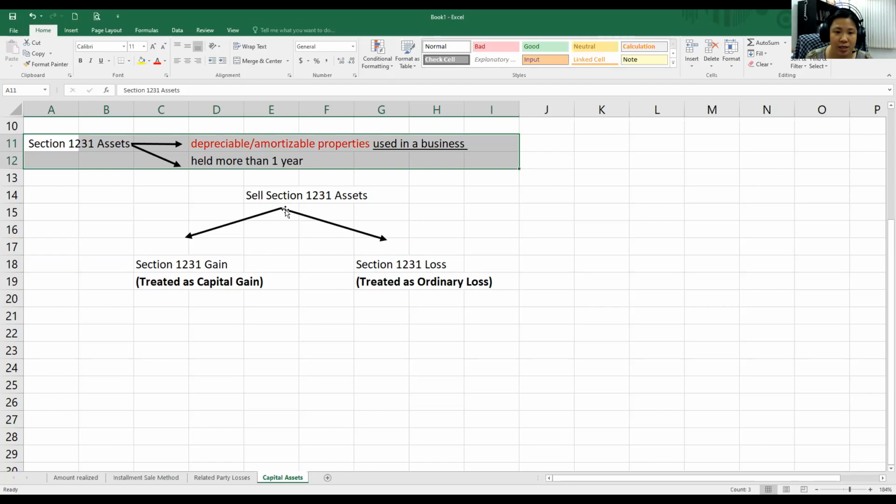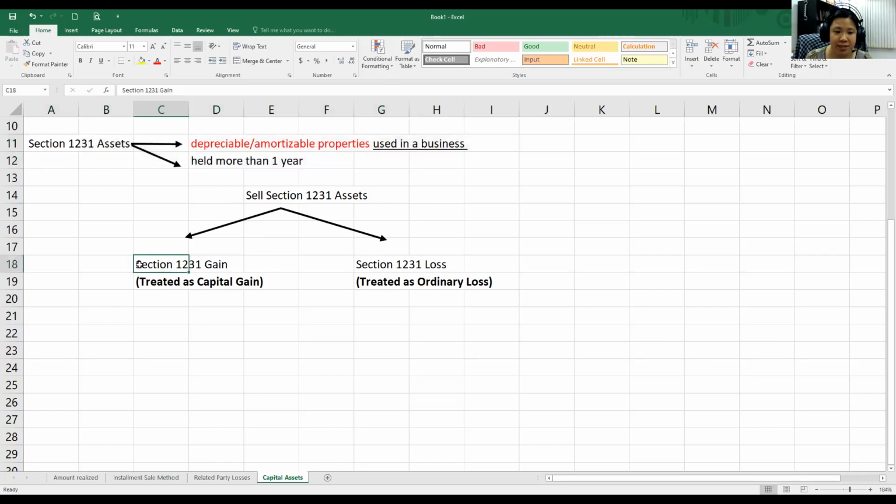So if we sell section 1231 assets, we are going to have a section 1231 gain or a section 1231 loss. Now, if we have a section 1231 gain, it will be treated as capital gain.